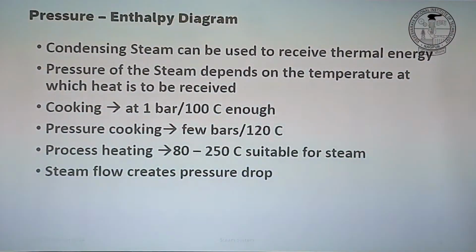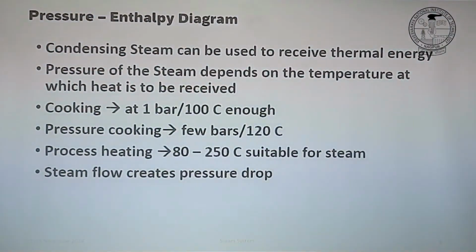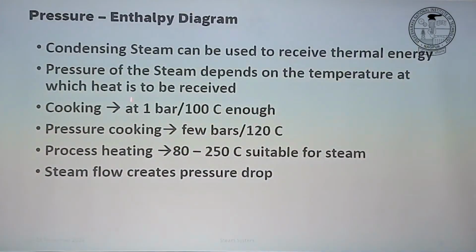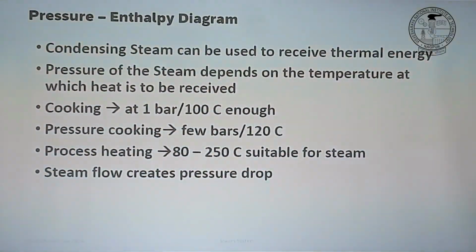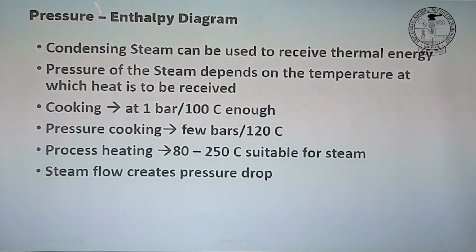So normally for cooking tea or boiling milk or water at home, we do it at 1 bar because 100 degrees centigrade is enough, right? Then to increase efficiency, you apply pressure cooking. What exactly do we do with pressure cooking? We increase the pressure, and that means the temperature of water inside the pressure cooker is increased. Yeah? So that's how you increase the efficiency, right?